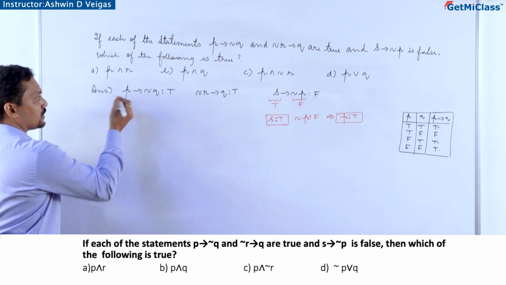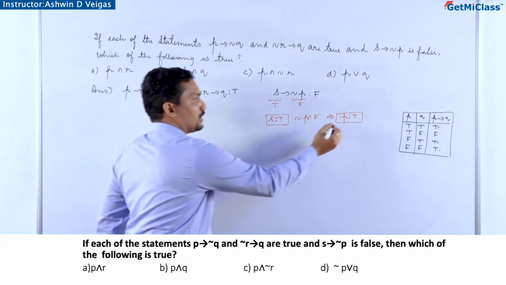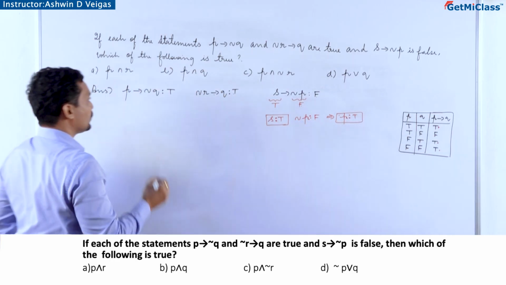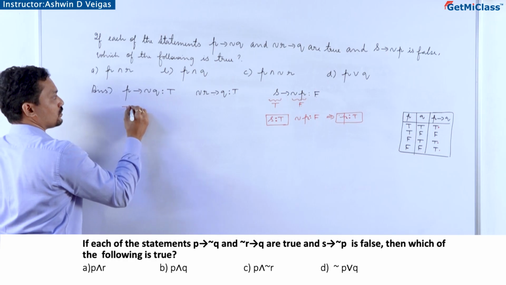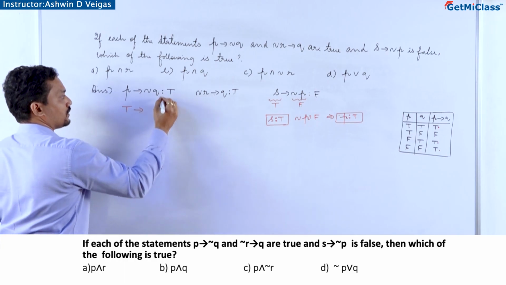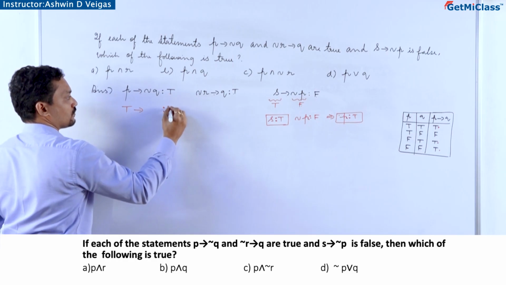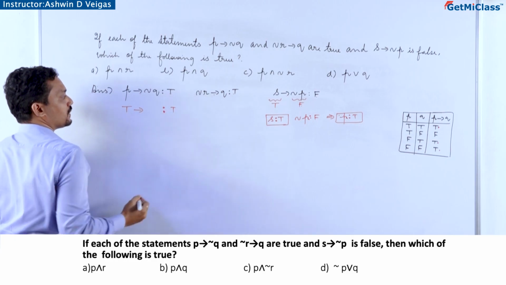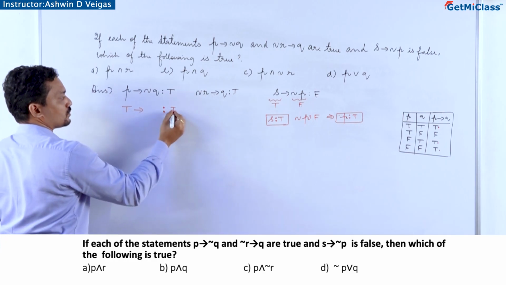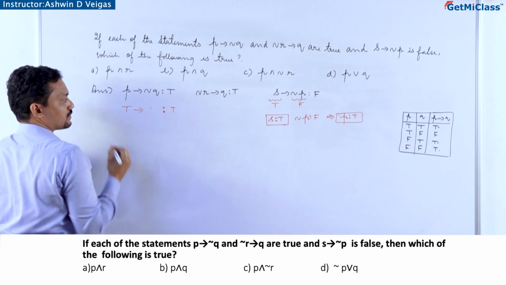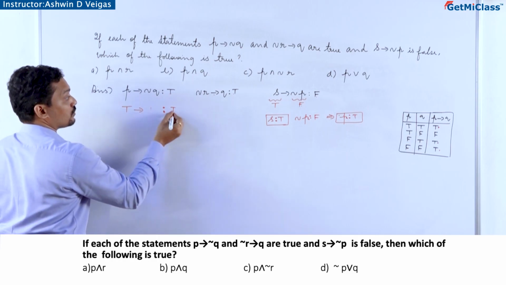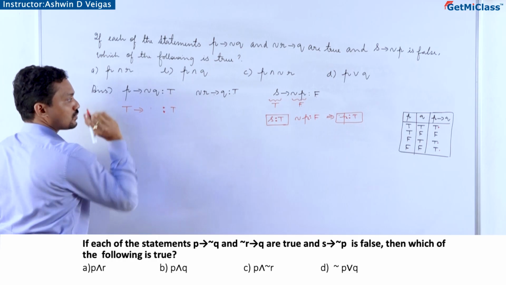Okay, now we can go to this. Now, we got the value of P as true. So, substitute here. P is true, then the implication should be true. Now, look at the table. True then what is true? This cannot be false, because true then false will be false, but this is given as true.